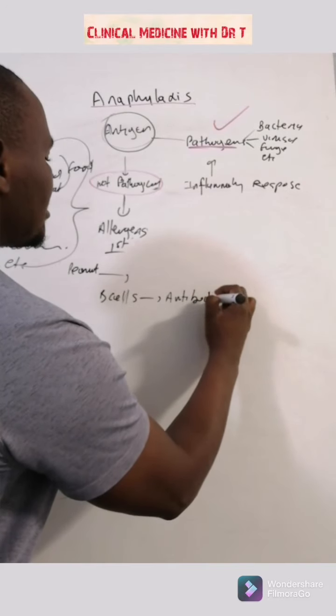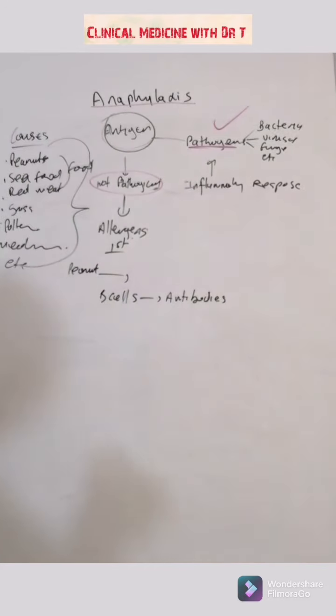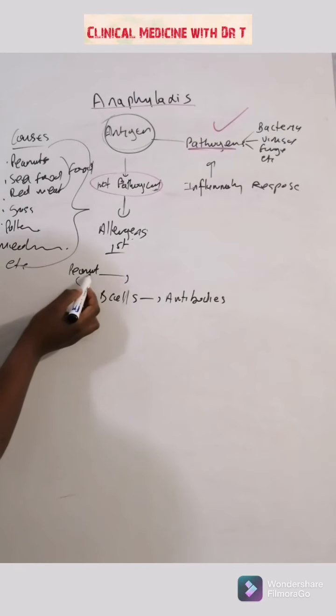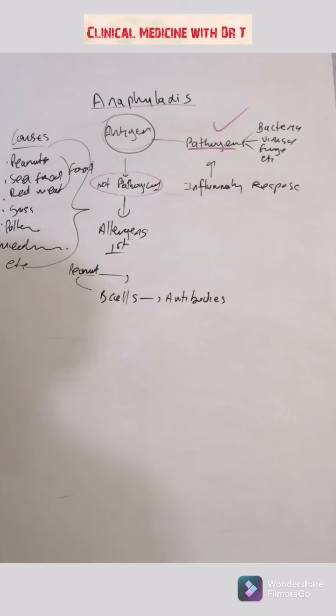This is where the body gets it wrong. If a peanut is not disease causing, it's not a pathogen, so the B cells are not supposed to be producing any antibodies there. It's not supposed to be happening, but in this case it happens.